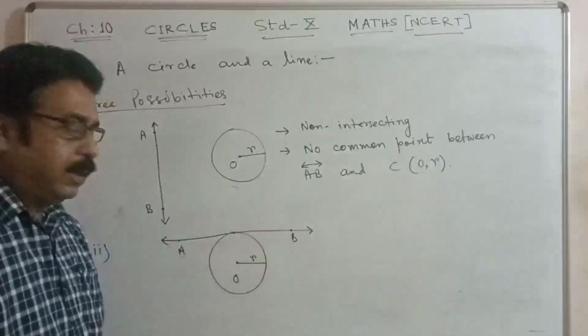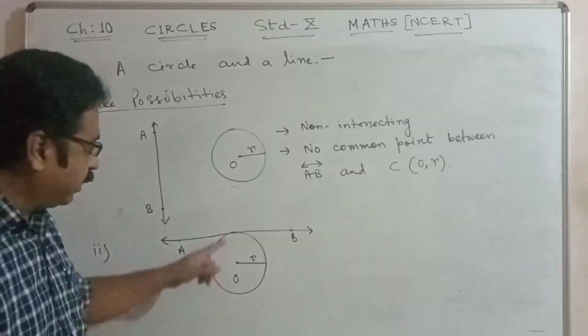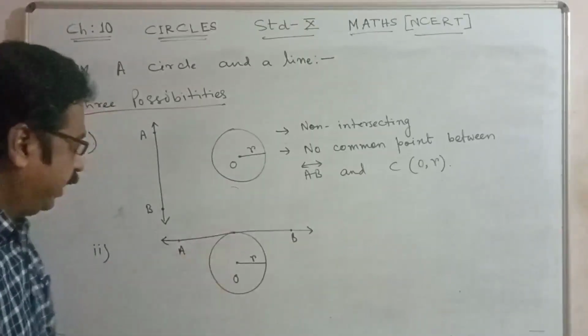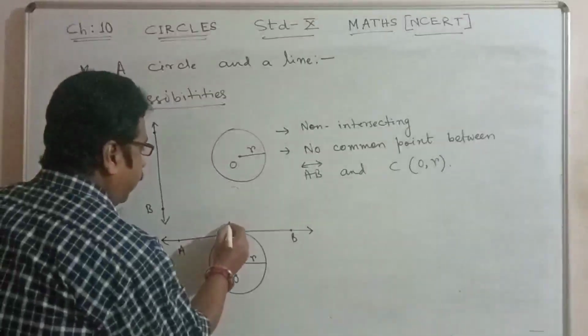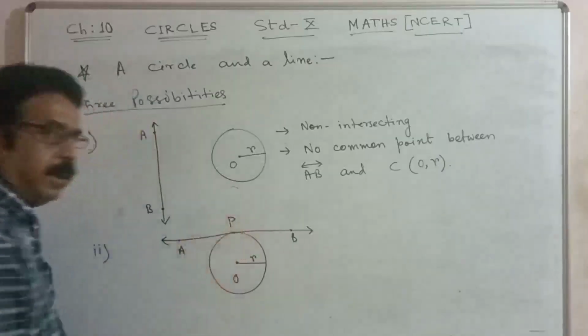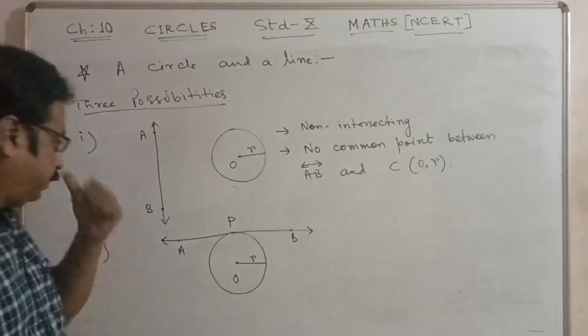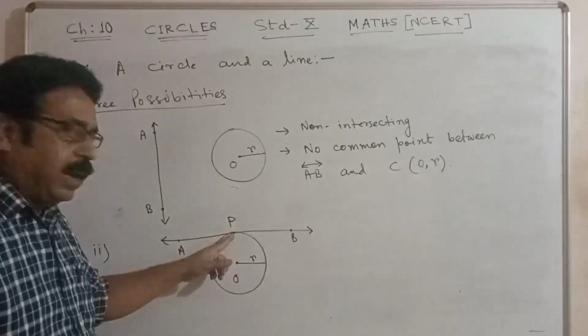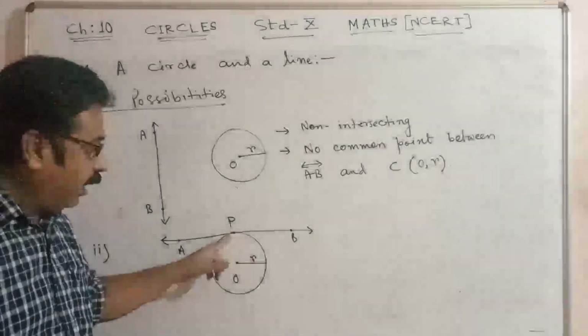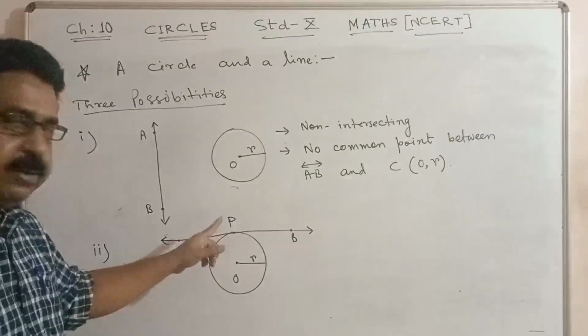The line AB touches the circle or intersects the circle at one point. Let that point be P. The line intersects the circle at one and only one point.